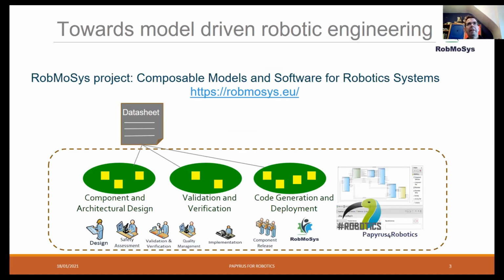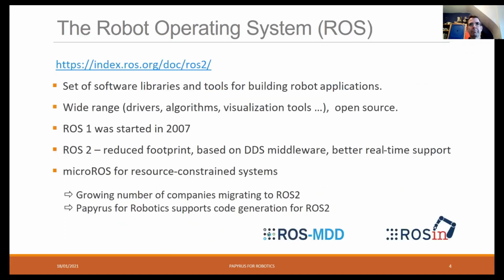We have a data sheet that is providing information about the components that we are using and also the other artifacts. And we can combine this all in a common framework.